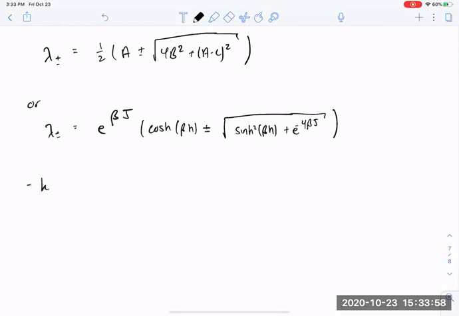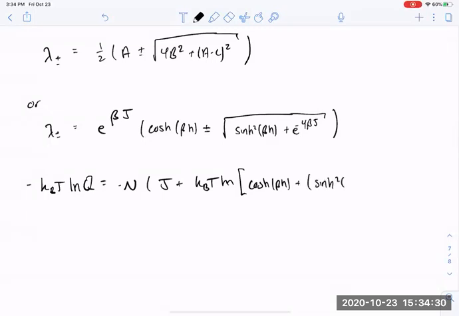And so the free energy, or minus kBT log of the partition function, is given by minus n times J plus kBT log of hyperbolic cosine beta H plus the square root of hyperbolic sine squared beta H plus e to the minus 4 beta J. So we've just computed exactly, for finite n and finite h, the partition function and associated free energy.